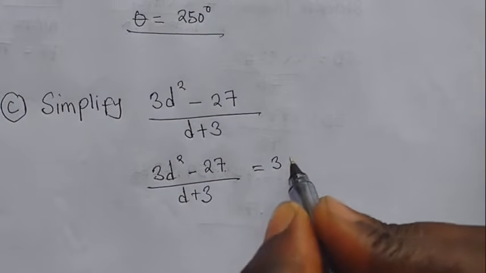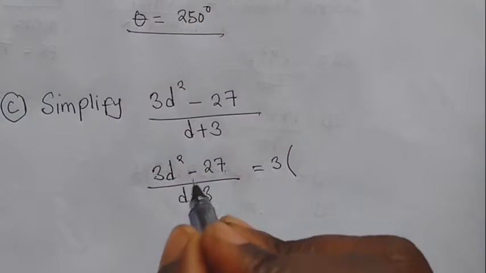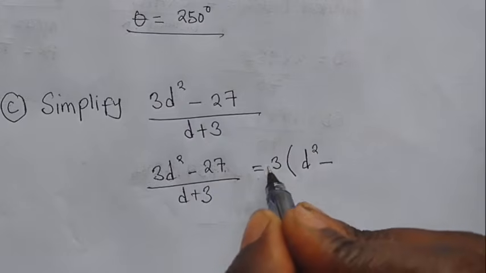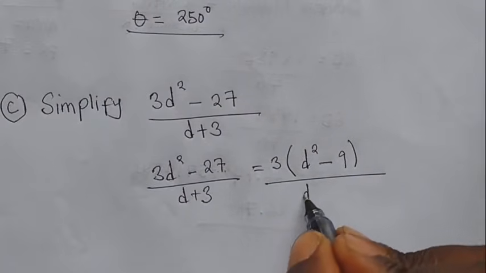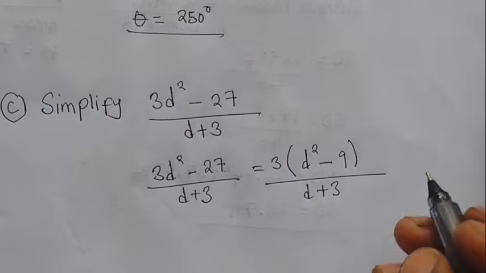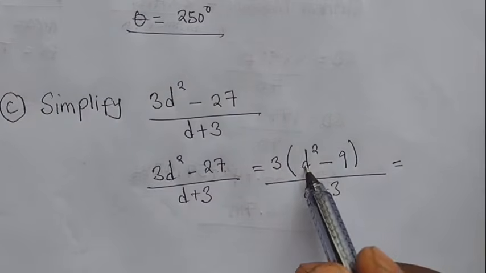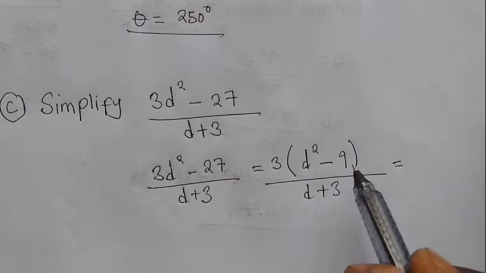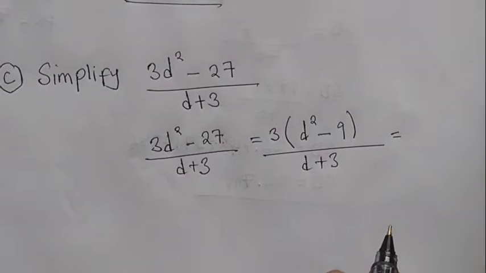So we factor out 3, open bracket, 3 into 3d squared. This 3 and this 3 will cancel, remain with the d squared, minus 3 into 27, it's a 9, close bracket, over d plus 3. So from this stage now, the moment you have seen d squared minus 9, and this 9 is a perfect square, this means you can write something like this.